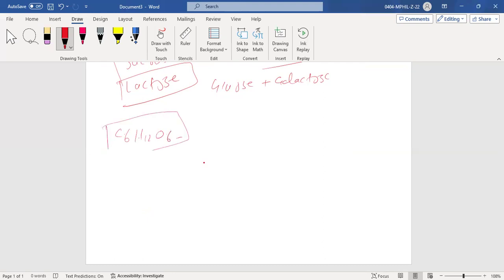Then you will have galactose. Similarly, what would be the chemical formula of galactose? C6H12O6.